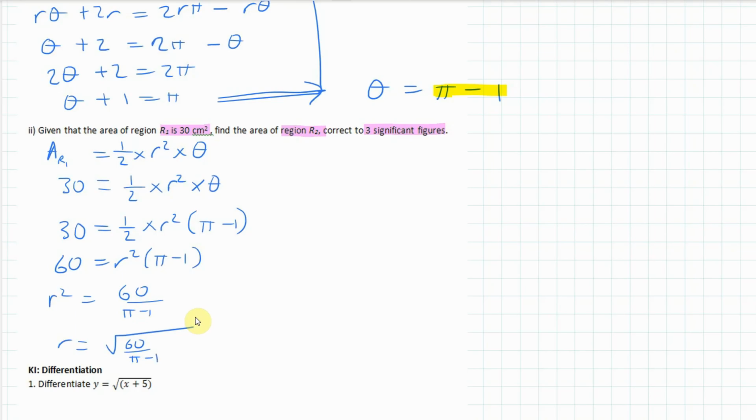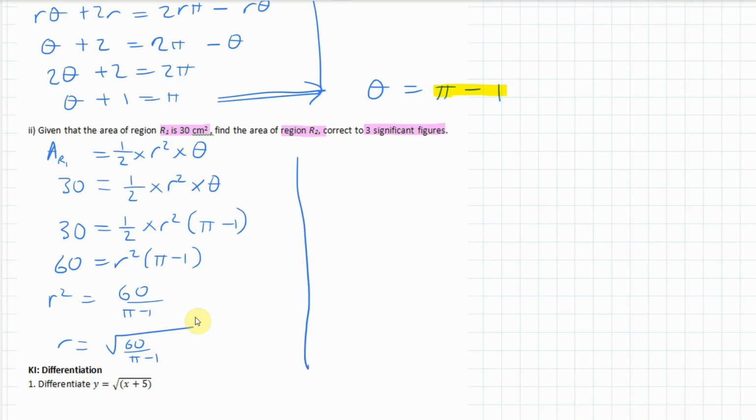Now what does this give me? I'm getting the radius is equal to 5.29. Now I'm going to save that in my calculator.